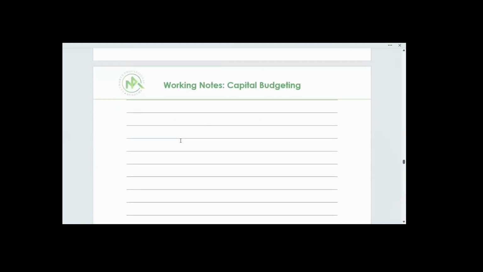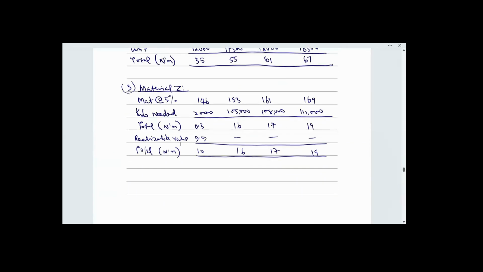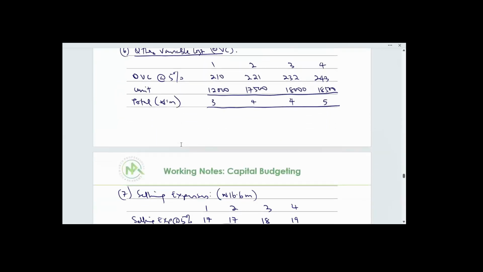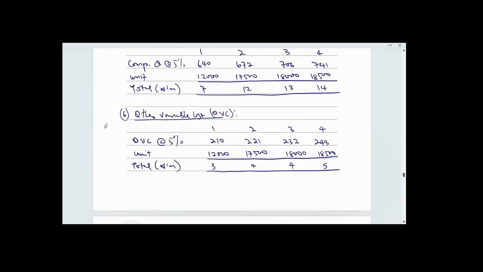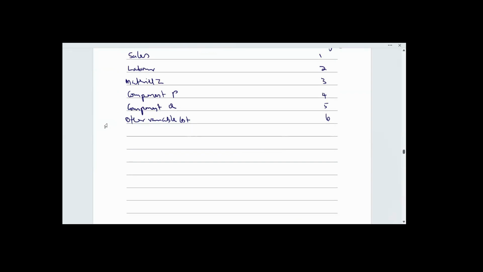After other variable costs, we also have selling expenses, other annual overhead, then opportunity cost on rent.